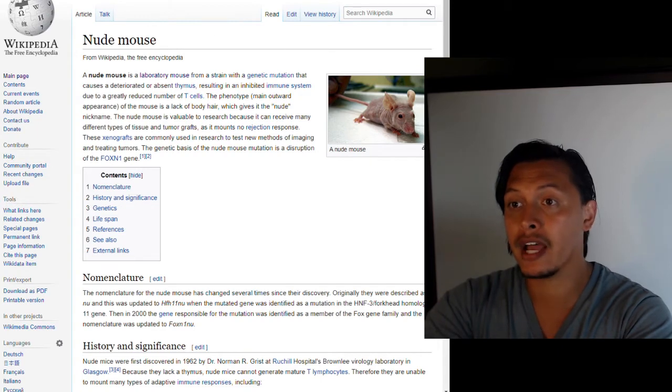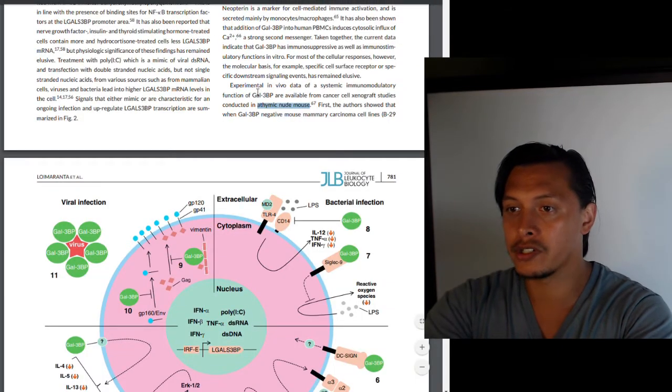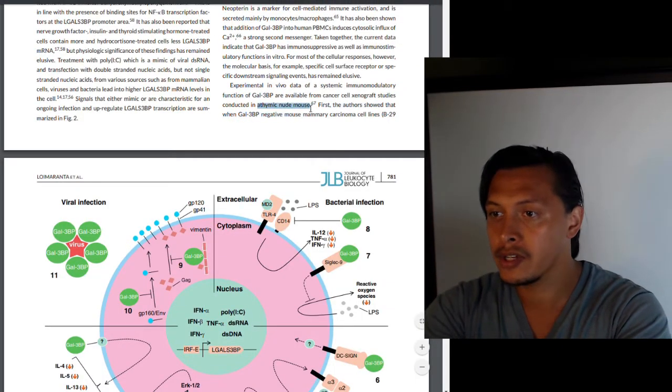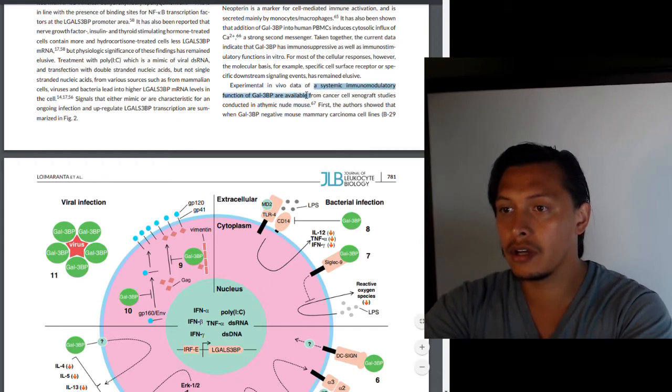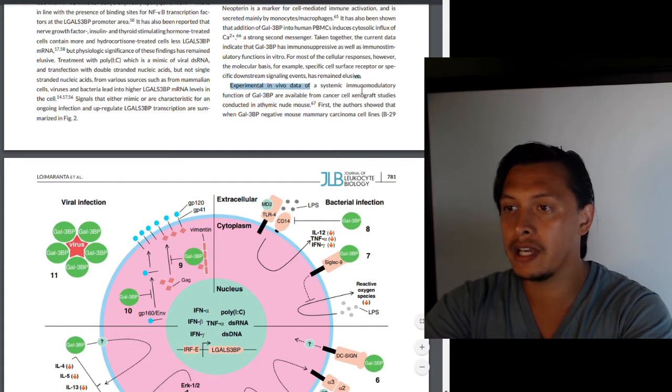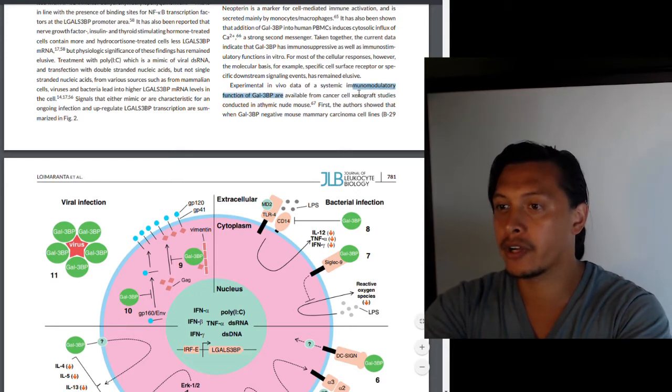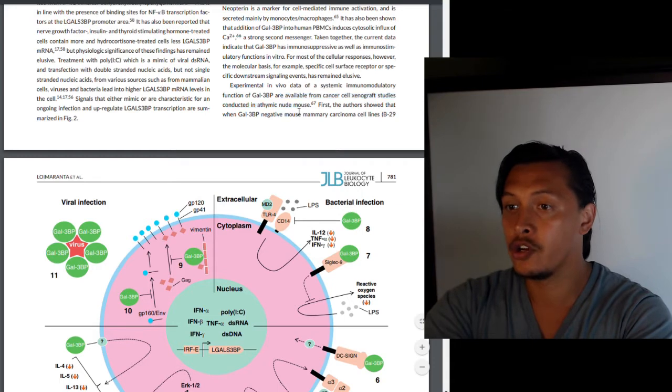If you do not have any of these T cells, which is the case for this athymic nude mouse, there is a systemic immunomodulatory function of the galectin-3 binding protein, and these are available for cancer cell xenograft studies conducted in athymic nude mice.